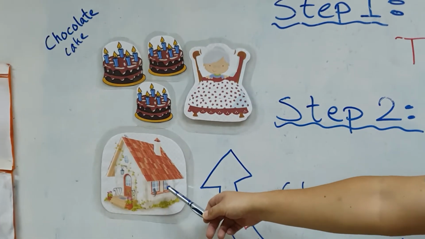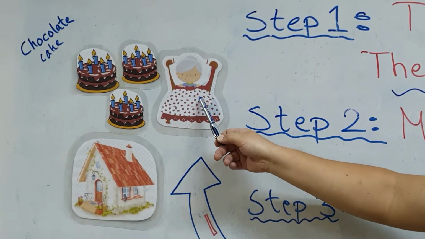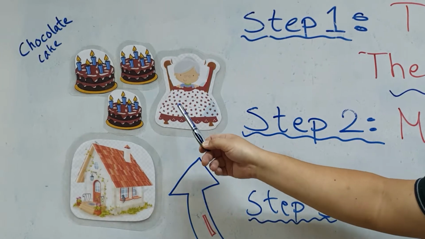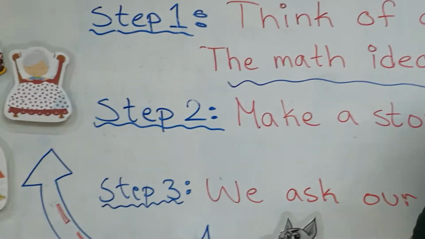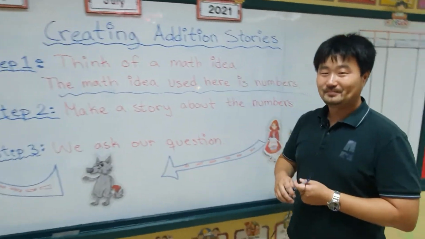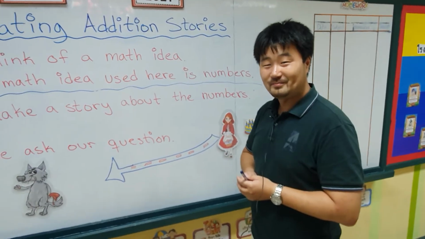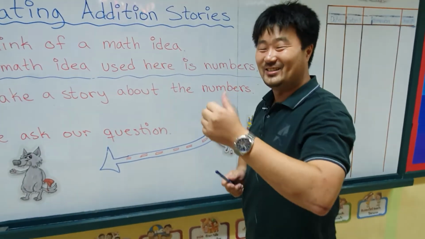You are correct, that is Grandma's cottage. And who is this lying in bed? Grandma, yes. So these are the 3 characters my story is going to be about. Okay? Are you ready? Alright, good job.